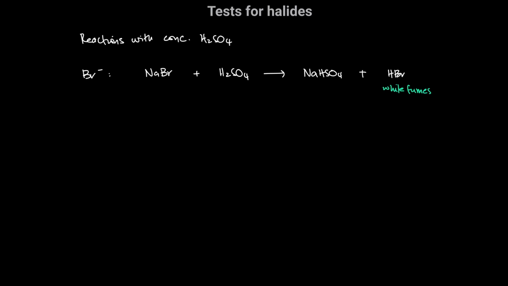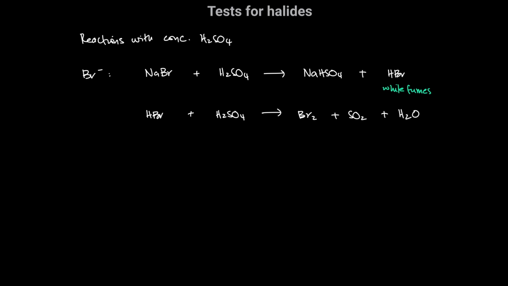First HBr is produced, and then the HBr reacts with sulfuric acid in a redox reaction, and we end up making bromine, sulfur dioxide, and H2O. The reason this happens is because bromide is a stronger reducing agent than chloride and fluoride, so it's able to reduce sulfuric acid.